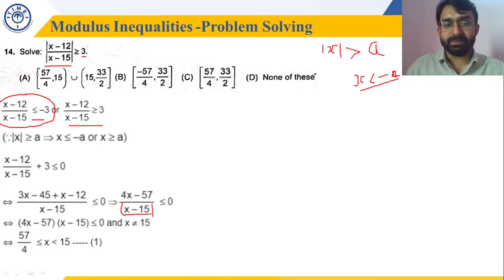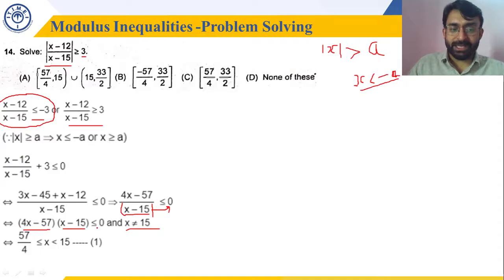So the denominator will be (x minus 15) squared, which is positive. We can cross multiply this (x minus 15) squared. So my answer will be (4x minus 57) into (x minus 15) less than or equal to 0. Okay, x is not 15. That's what we have to keep in mind.